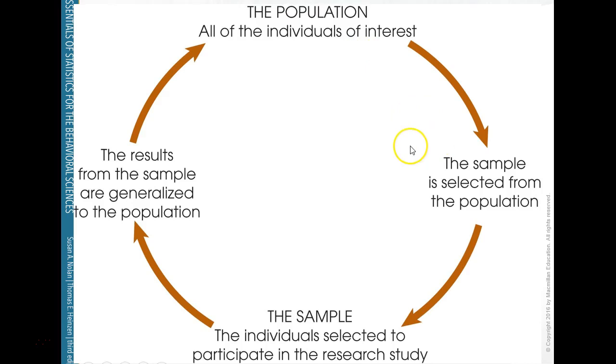So instead, researchers select a sample, a small group of people from the population. The individuals in the sample participate in the research study, and then the results of the research study are generalized, are used to explain something about the population.